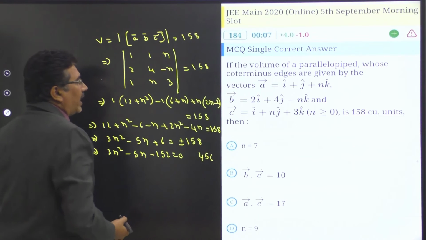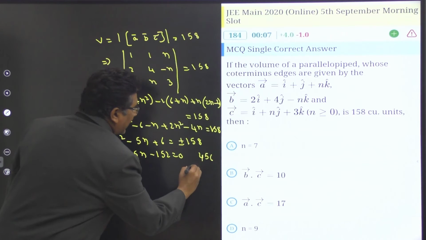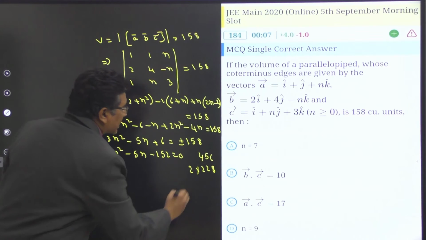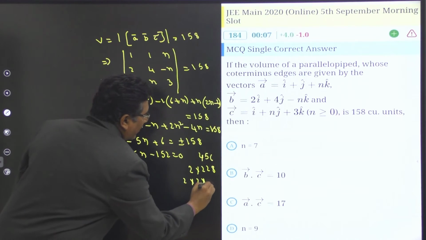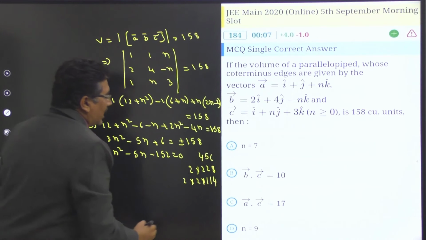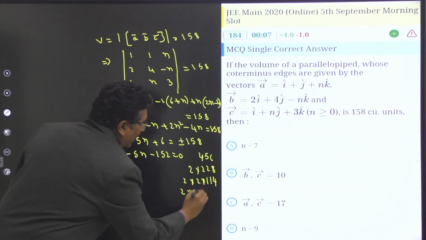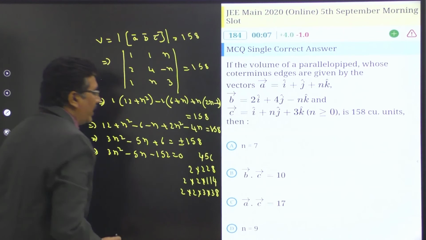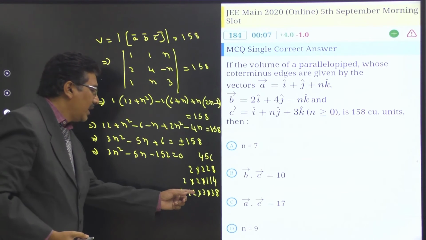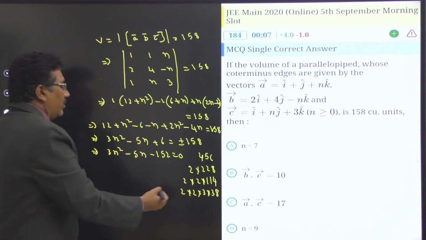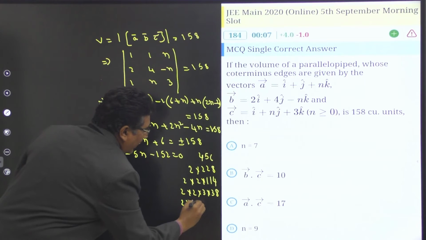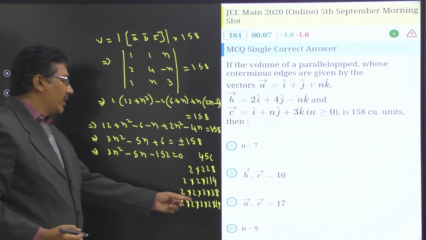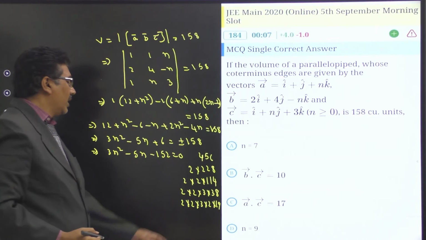For calculating factors this way, 456 divided by 2, and so on, it factors as 2 into 3 into 2 into 19, that is 2 twos are 4, 4 threes are 12, 12 twos are 24, and 19.